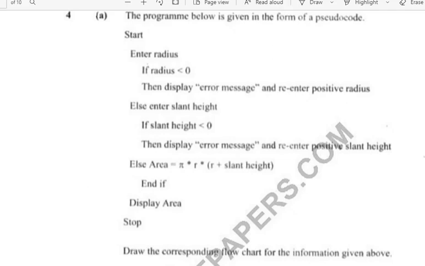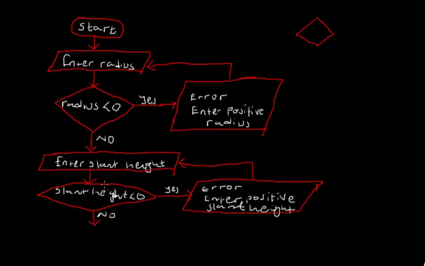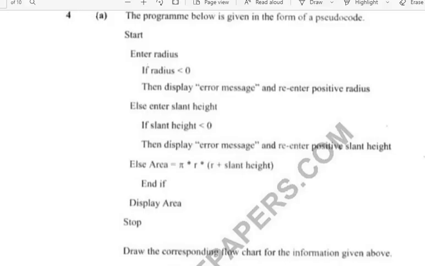Since this is a process, an action that is taking place, it is enclosed in a rectangle. So let's just look at that again. We're taught to say area equals pi r plus slant height.